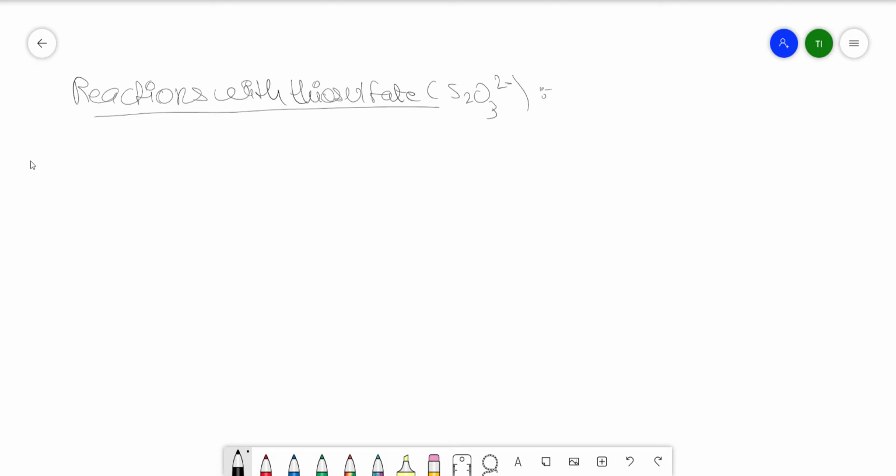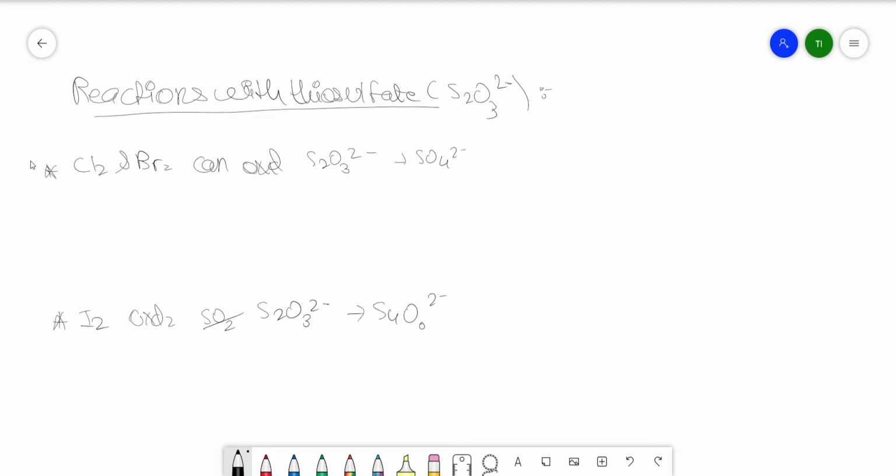The thing is, Cl2 and Br2 can oxidize S2O3 2- to sulfate, whereas I2, because it is not as strong an oxidizing agent, oxidizes S2O3 2- to produce tetrathionate instead, which is S4O6 2-.